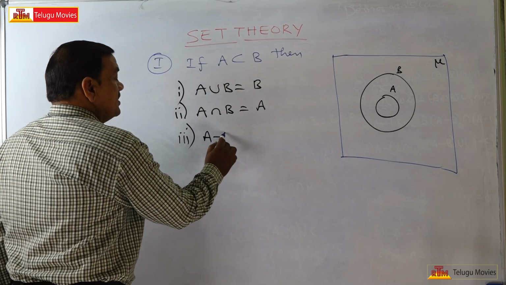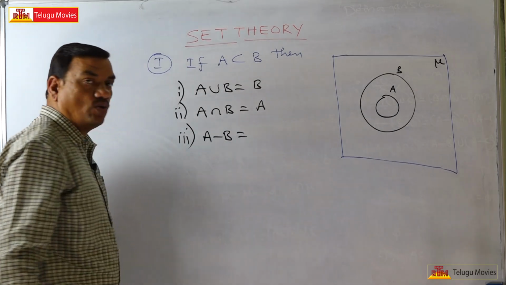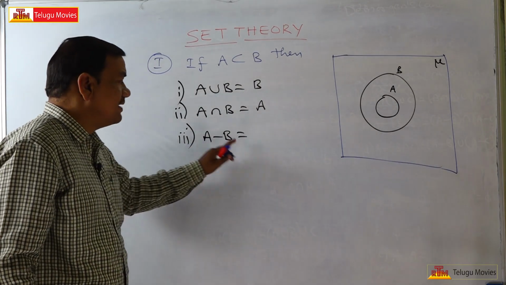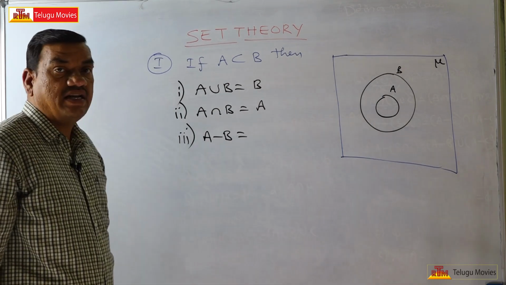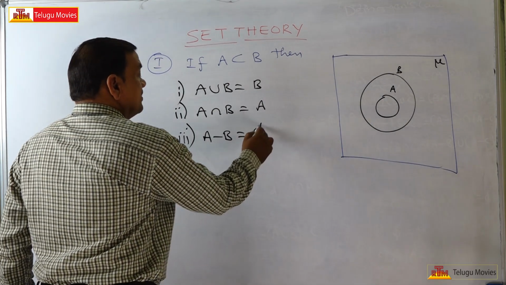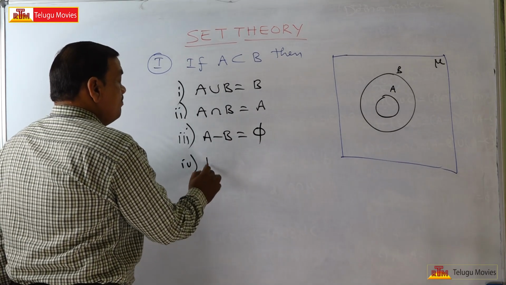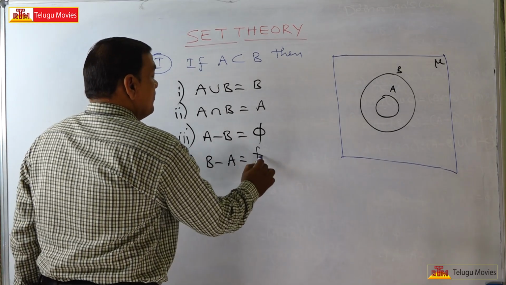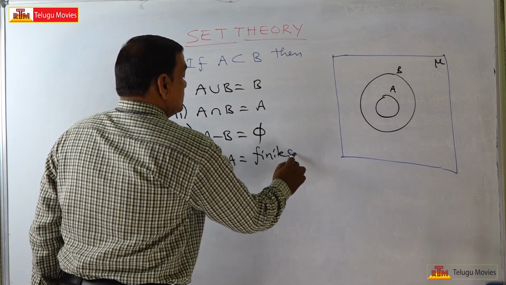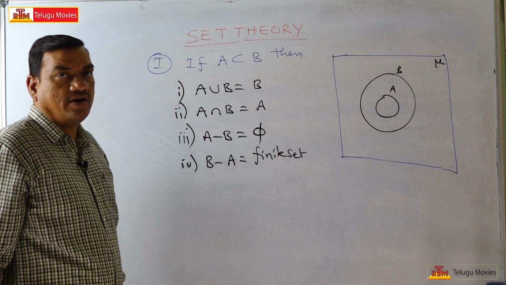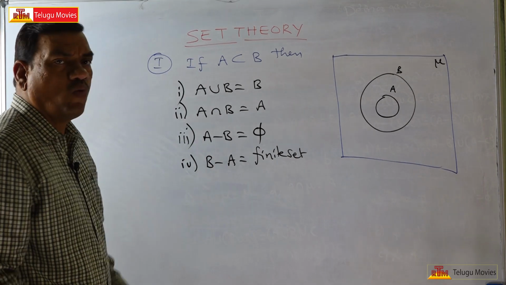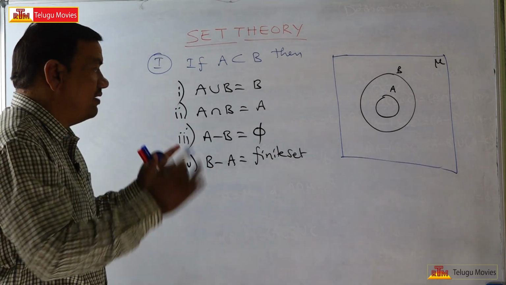Next one is A minus B: when A is a subset of B, A minus B will become a null set, that means all elements will get cancelled. Next, B minus A is a finite set. If A and B are non-empty sets, B minus A is a finite set, you will get some elements.